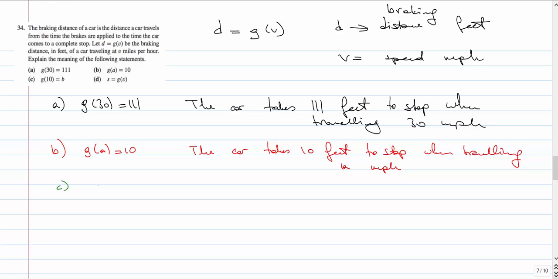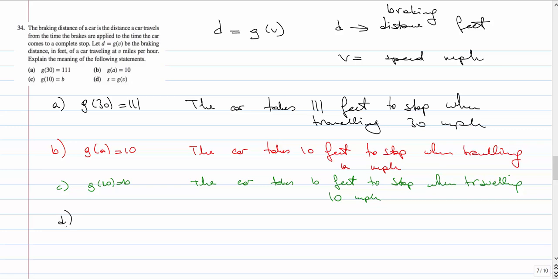So C, g of 10 equals B. The car takes B feet to stop when traveling 10 miles per hour.